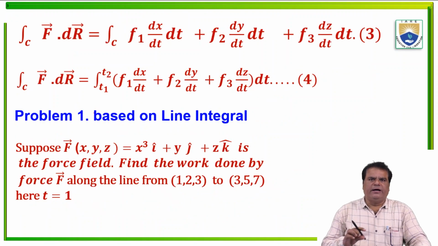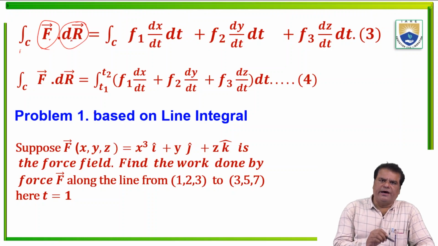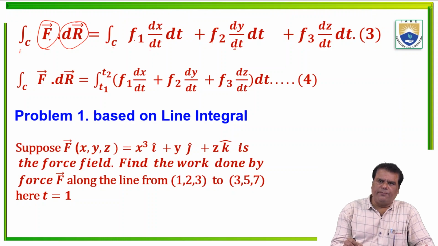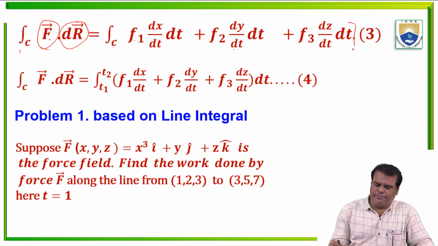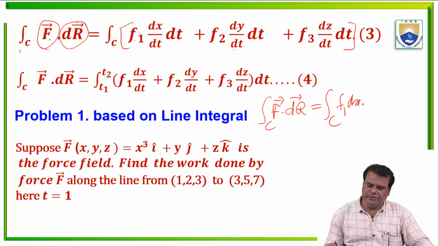Then we apply the next formula: integral over C of the vector point function F dot dr equals the integral over C of f1 dx/dt dt + f2 dy/dt dt + f3 dz/dt dt. So here apply brackets. In the last integral, integral over C of F dot dr is integral of f1 dx + f2 dy + f3 dz.